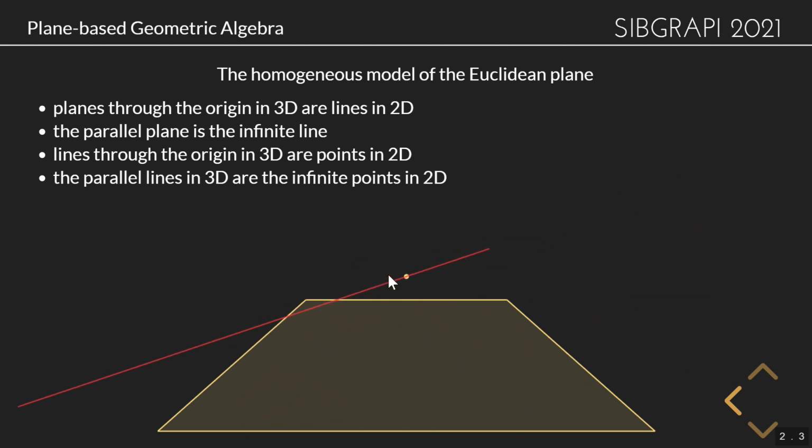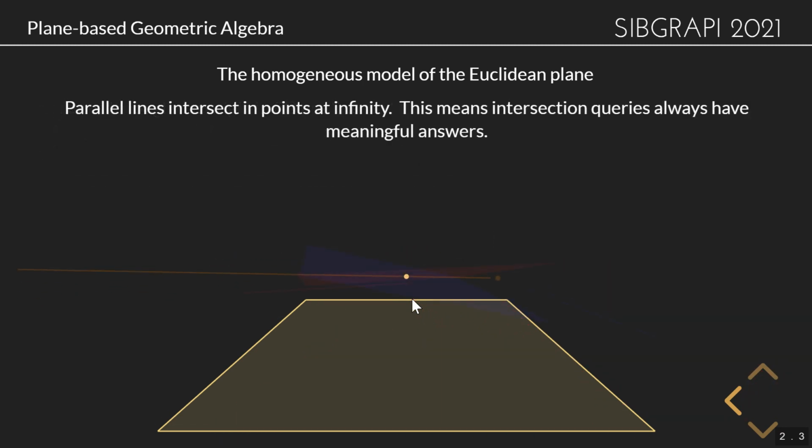To make it complete, we also have to include all of these lines that do not cut the projective plane. And all of these lines will actually be associated with infinite points in 2 dimensions. So why would you want to do this? Well, it makes it so that when you do an intersection query, you always get an answer.